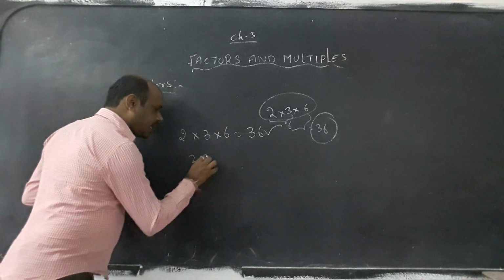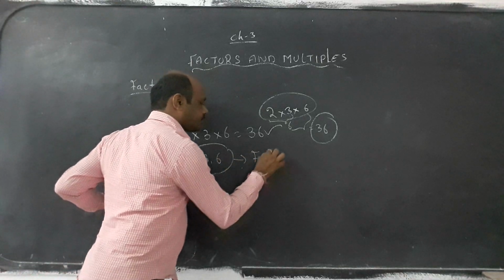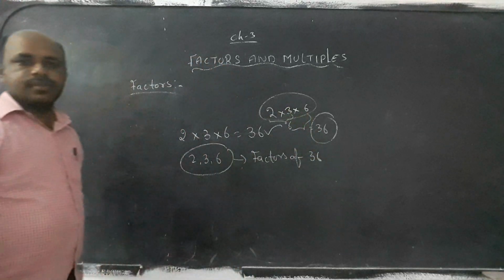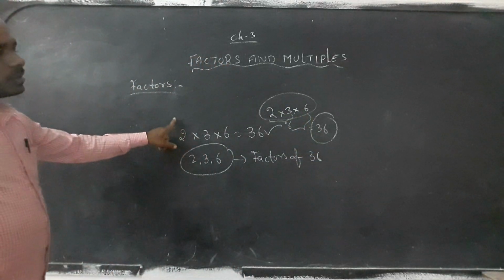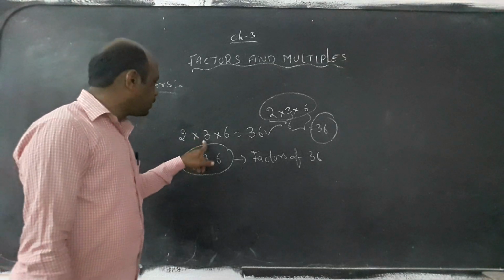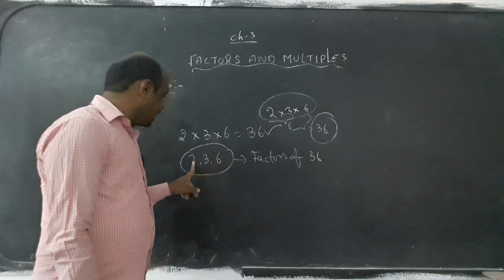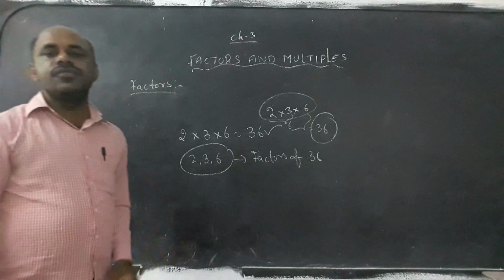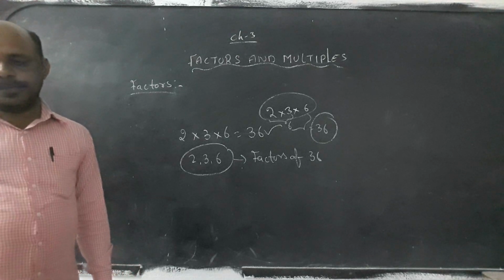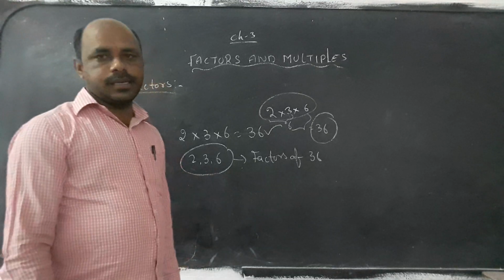These 2, 3 and 6 we say are factors of 36, or factors of the product.